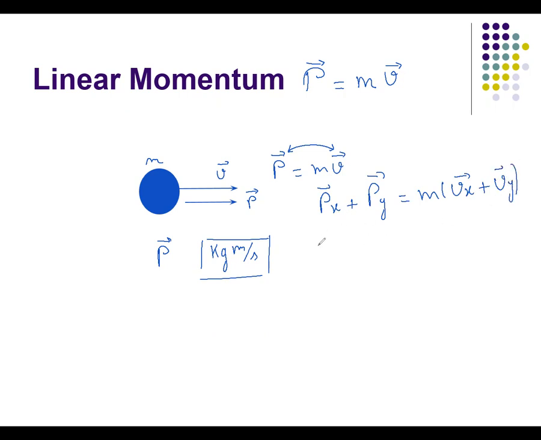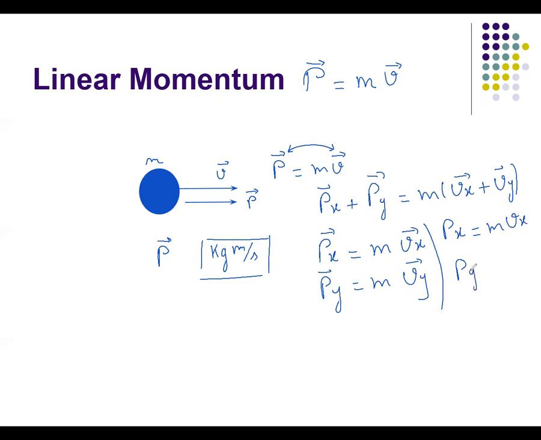So in this case we can say px equals mvx and py equals mvy. In the case of one dimension, we can say px without vector because it's in function of i. So px equals mvx and py equals mvy.